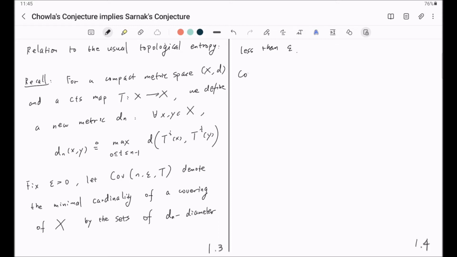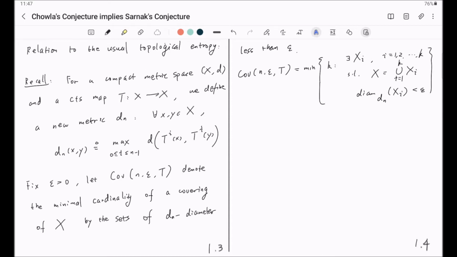Using notation, this means C(n, epsilon, T) is the minimum of the set of k such that there exist X_i, i from 1 through k, such that X is a union of the X_i, i from 1 to k, and the diameter with respect to the D_n metric, that means the supremum of distances for any 2 points in X_i, is less than epsilon.